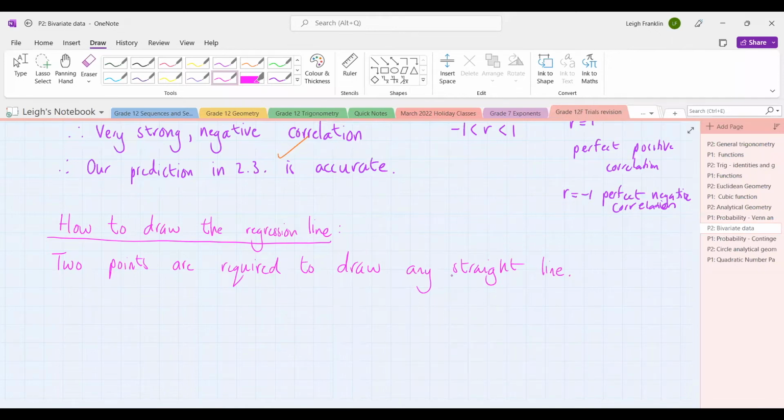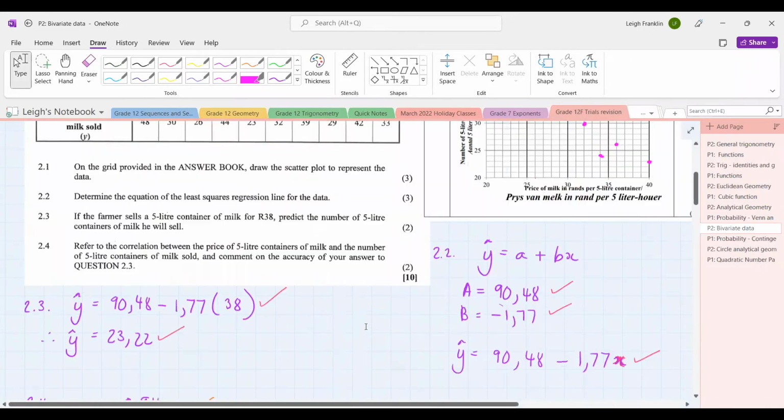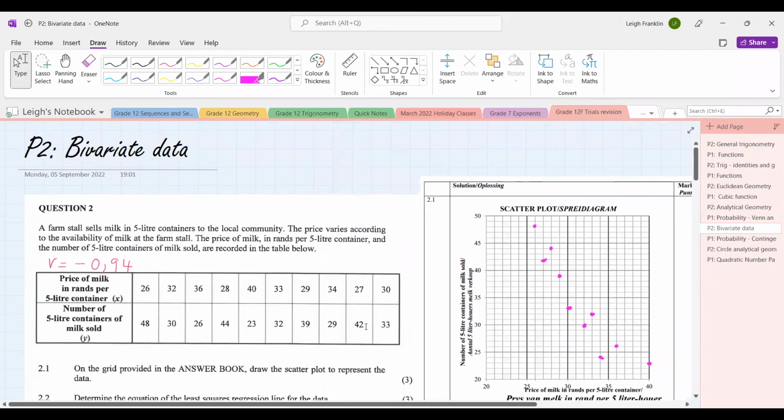So what we want to do is go back to our information and find 2 points that are just inside of our minimum and our maximum. What is our smallest X value? Our smallest X value is 26.